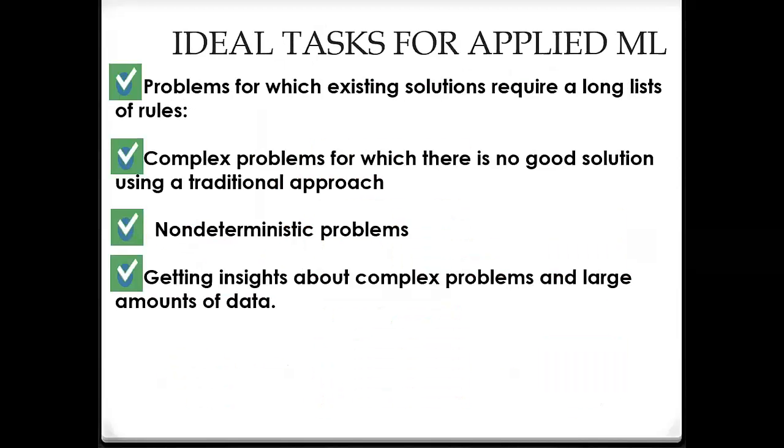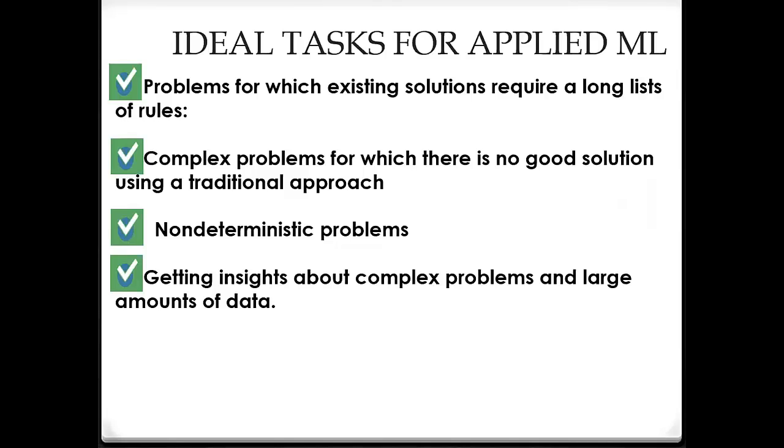So that being said, some of the ideal tasks for machine learning are problems for which existing solutions require a long list of rules. Like I said, you don't have to write all the complex rules.